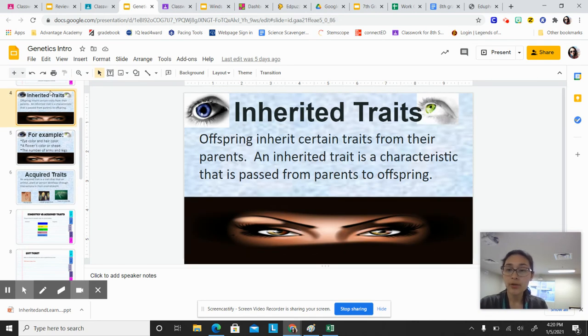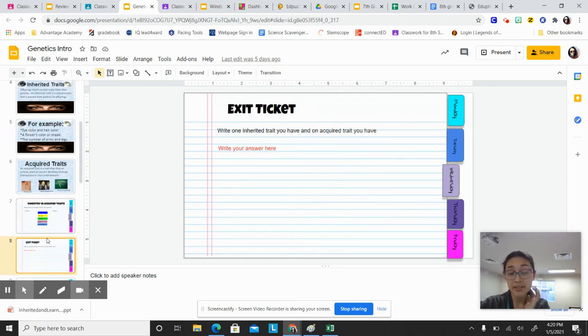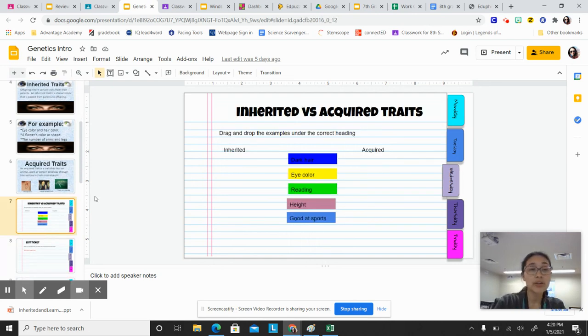Take a picture of your notes and attach that to today's assignment. Make sure you also complete this slide in your notebook and your exit ticket. Your other assignment today is to do the pretest, and I'll go over the pretest in your video tomorrow.